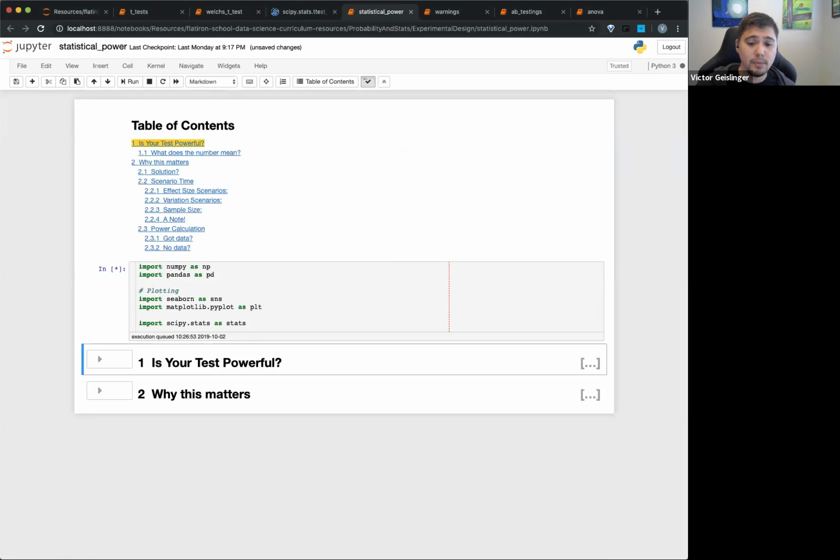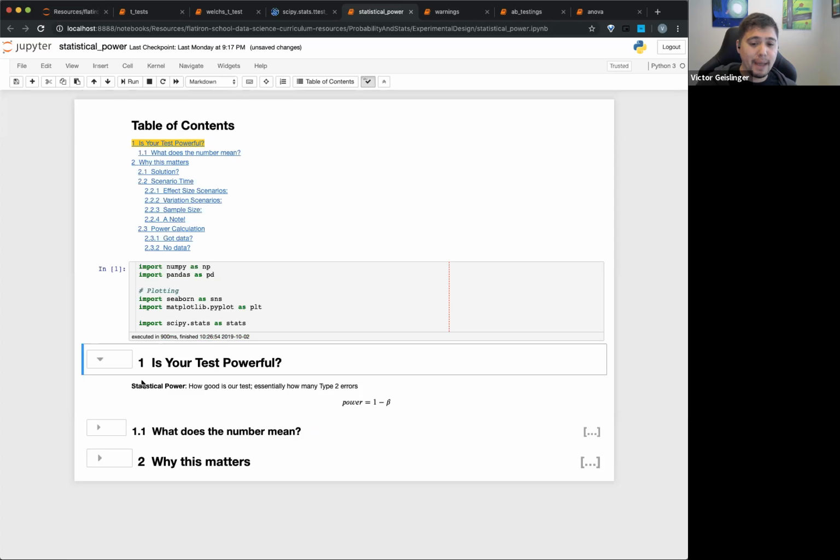There's not a real reason why we couldn't simply say beta, but from history, power is defined as 1 minus beta. So if your beta is 0.2, meaning we're allowing a 20% false negative rate, power would be 0.8.